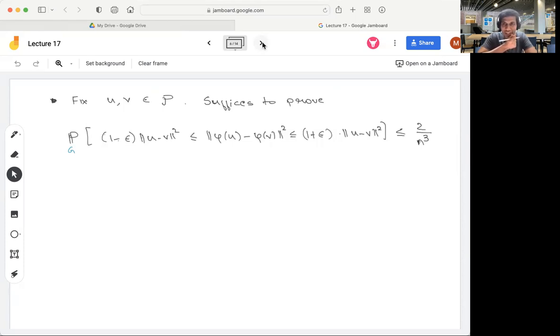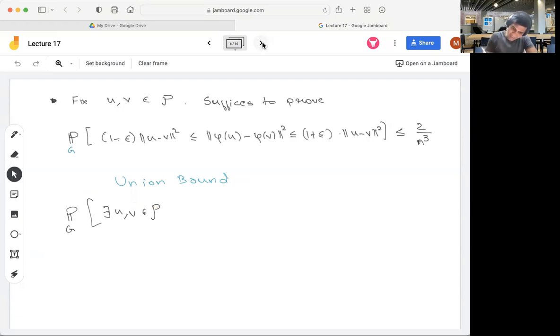Starts with a u, ends with an e: union bound. Right. So the probability over the choice of G that there exists u and v in the data set such that, oh, I see.